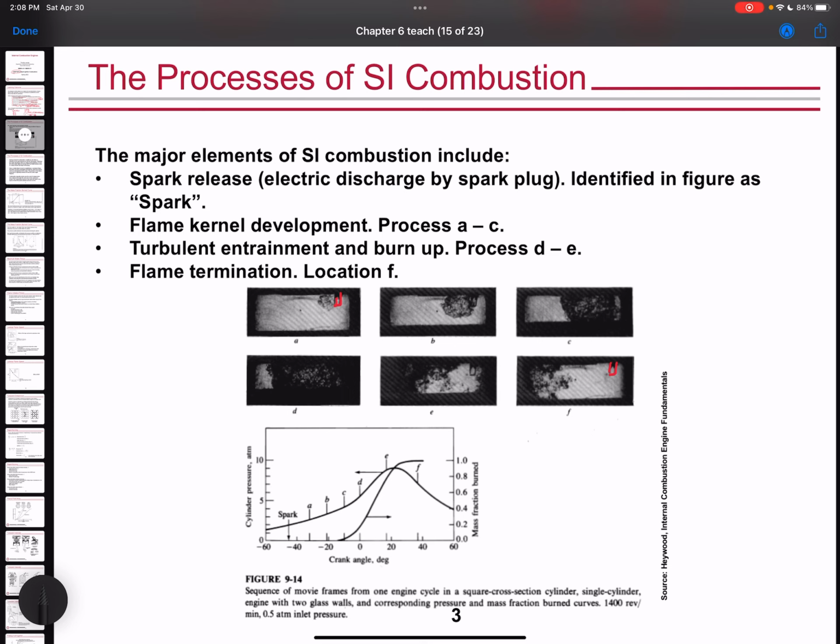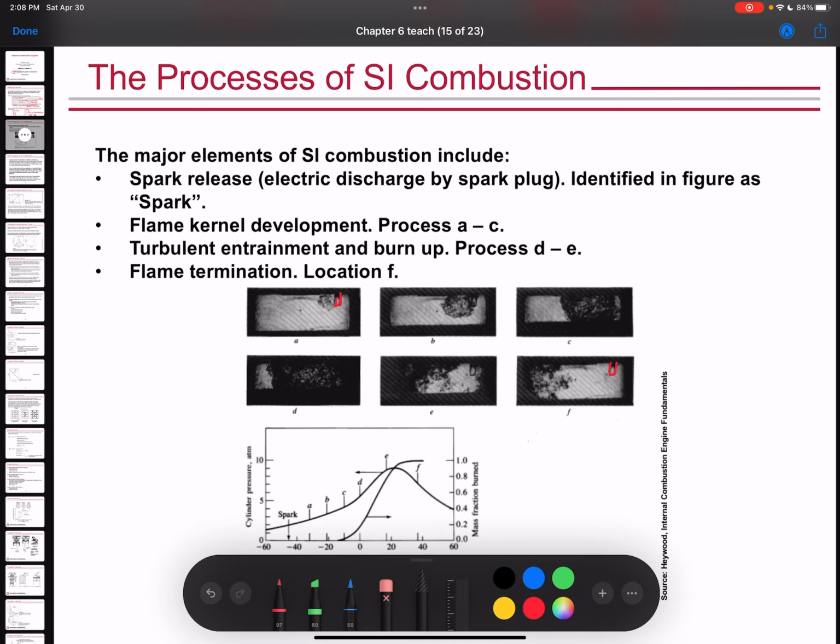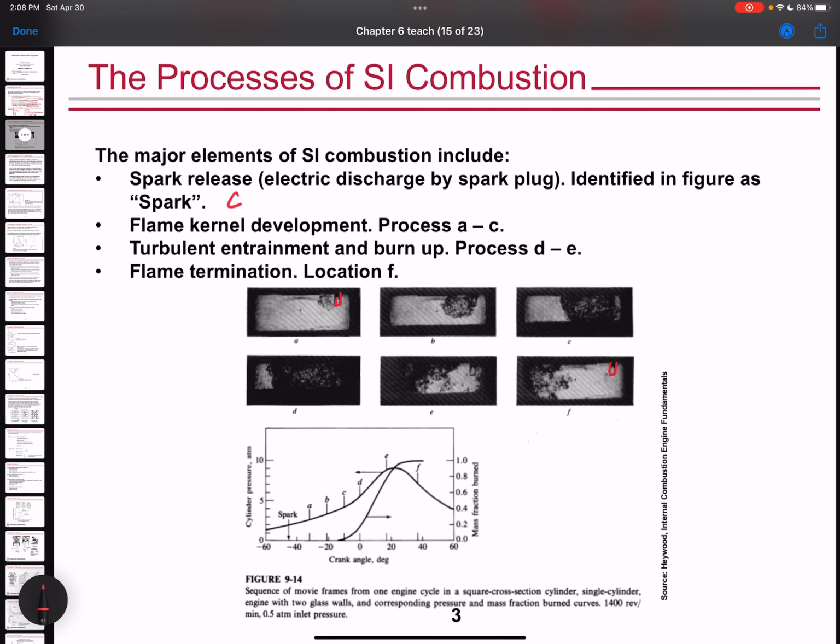Okay, and so during the spark release period, it might form species like the methyl radical, for example, right, which would be CH3. It might form the hydroxyl radical, OH, right? It can form other what we would call intermediate species, right? And it can be different combinations of different things. It just all depends on how the chemistry proceeds and what's involved in those various chemical reactions, okay?